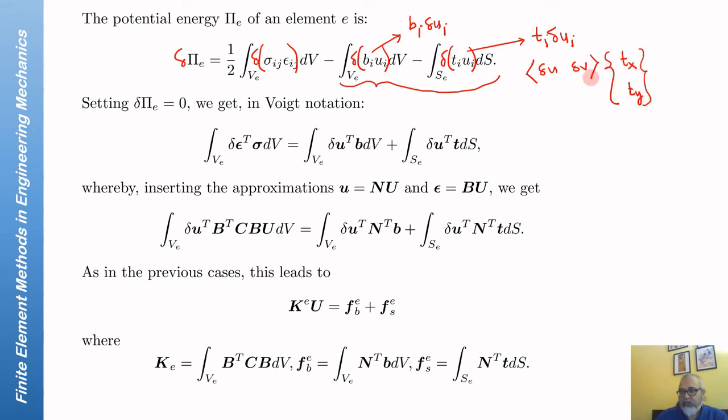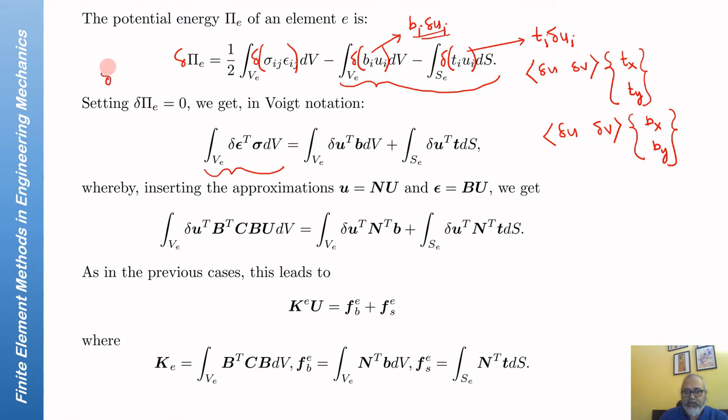So this would be the matrix representation of this. Similarly, this would be the matrix vector representation of this. And this we have proved is equal to 2 times delta epsilon transpose sigma. So the 2 and this half cancel out, and this is the first term that we have.